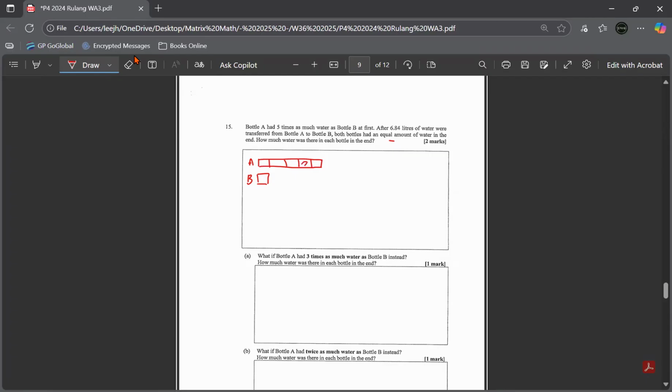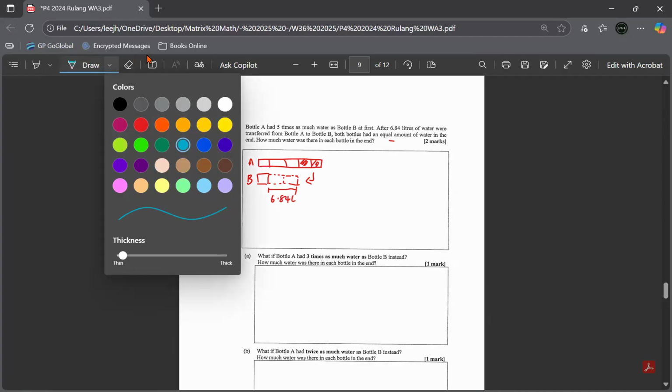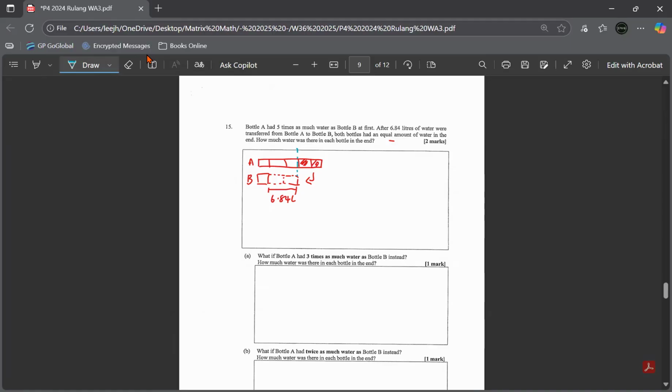Which means I can only shift down 2. So this one, I transfer down to B. Can you see? This will be 6.84 liter. Because at the end of the day, can you see both of them are equal?